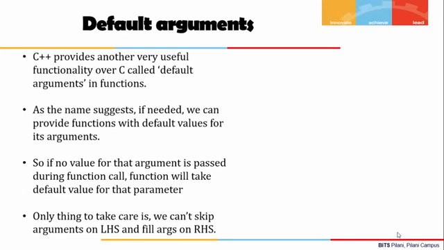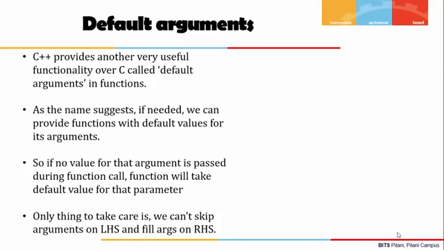First we will start with default arguments. A default argument is a value that is used automatically if you omit the corresponding actual argument from a function call. As the name suggests, if needed, we can provide a function with default values for its arguments.